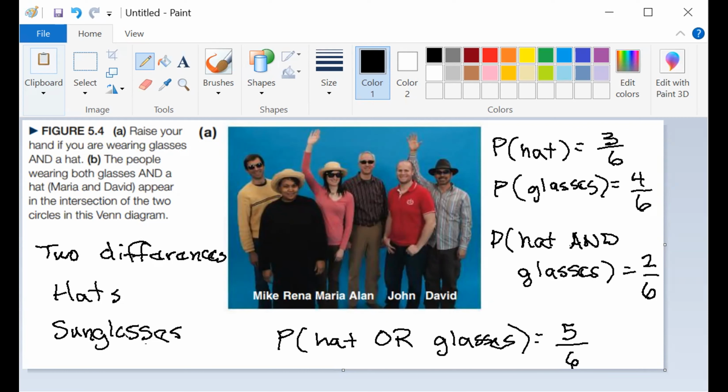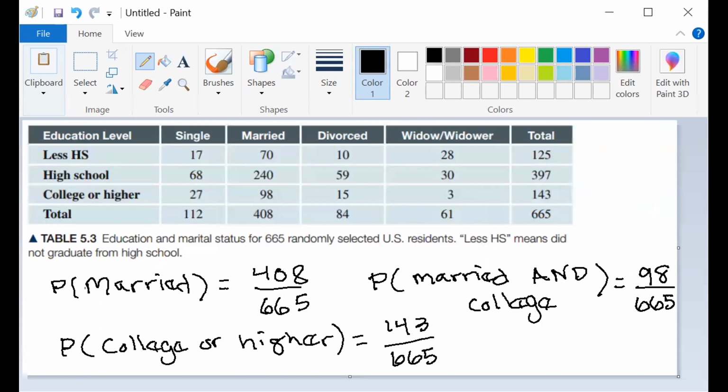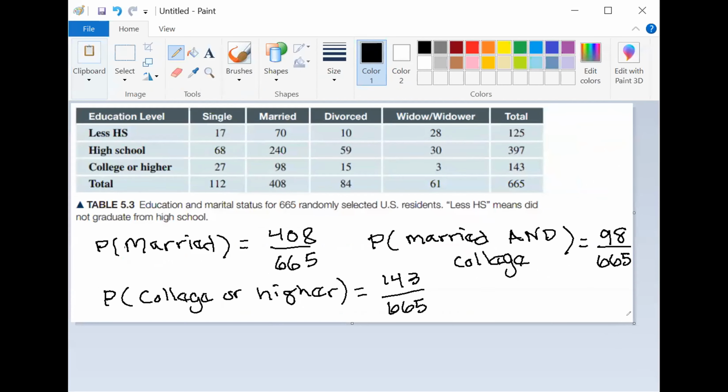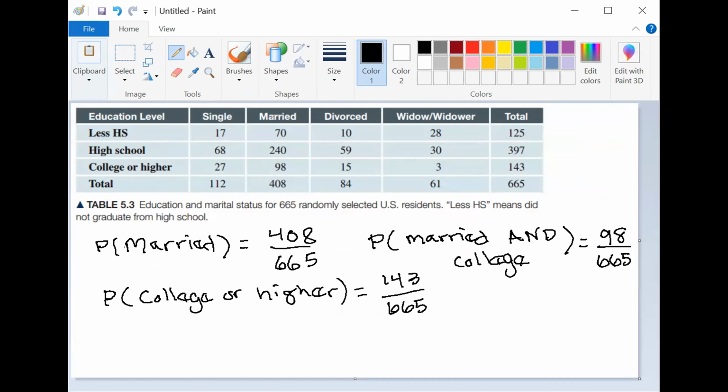All right, let's jump back over to this guy. All right, so we're kind of out of space here. Let's see, I'm going to drag more, make more space. Let's say we wanted to go through and calculate the probability of married, what should I do in my notes here?